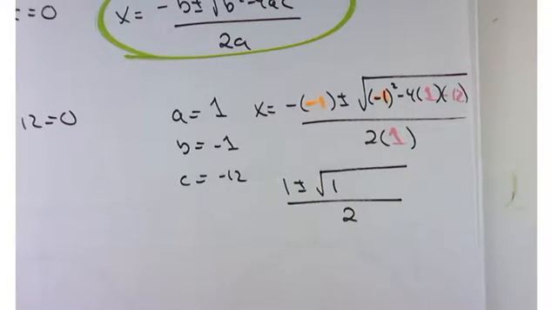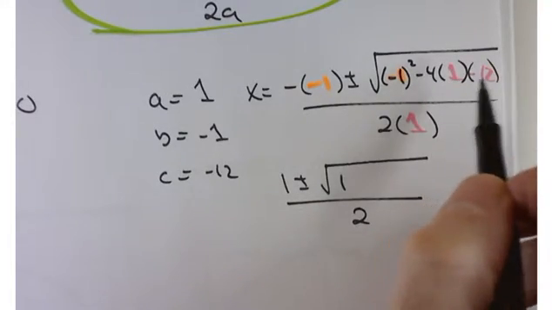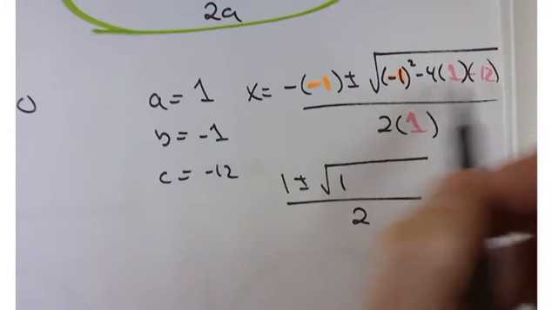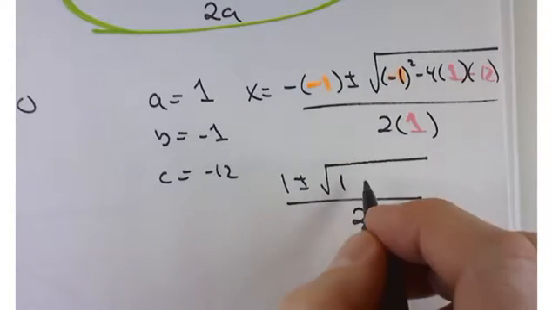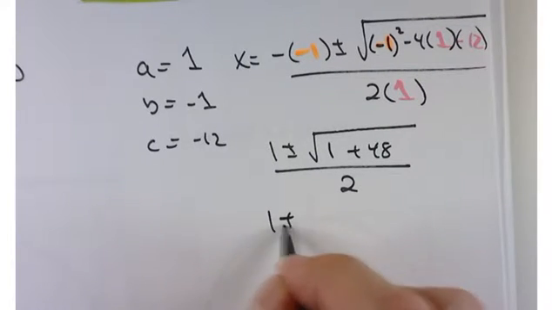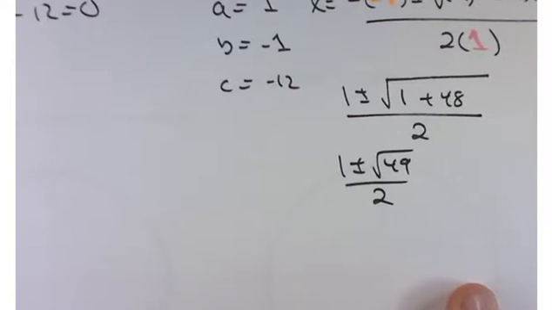Now again, you've got to be careful with all these negatives. You've got negative 4 times 1 times negative 12. First of all, what sign am I going to get here? Positive. A negative times a negative is going to be positive. So plus 48. So it's 1 plus or minus the square root of 49 over 2.